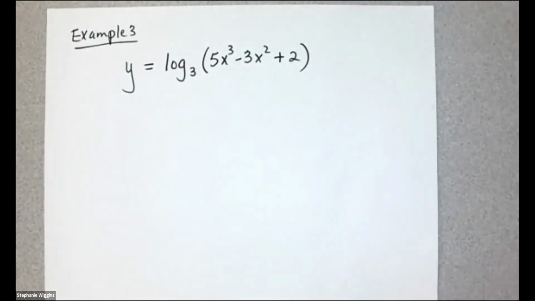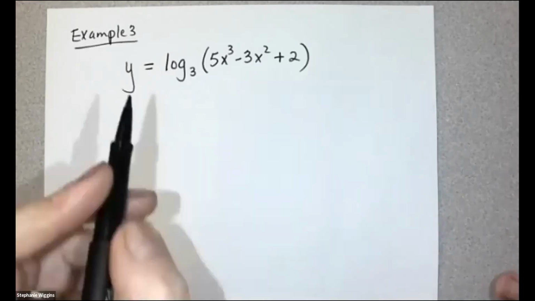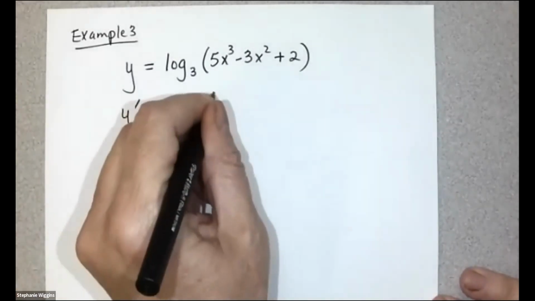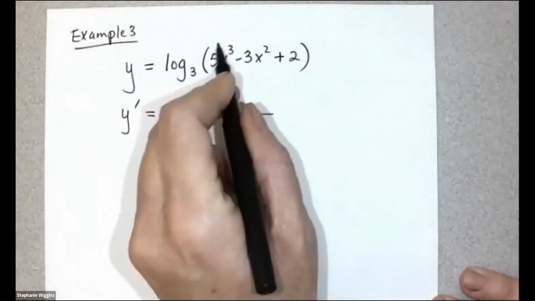Okay, so right there you can see we have a composition. We have a polynomial inside a log. And so remember, with log functions, your first step is write down the reciprocal. So when you take the derivative, you take 1 over this whole thing.